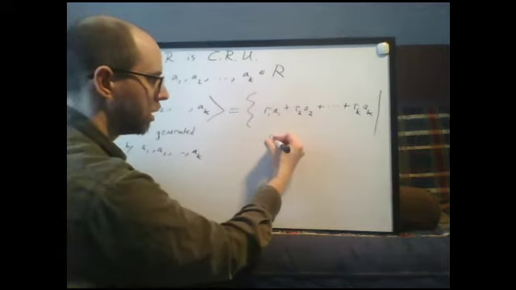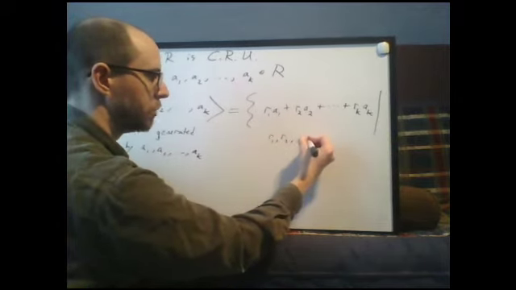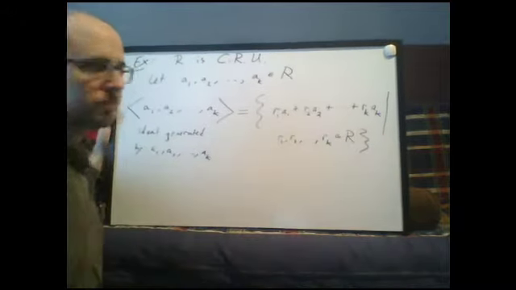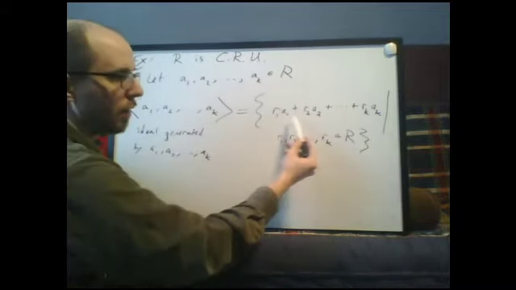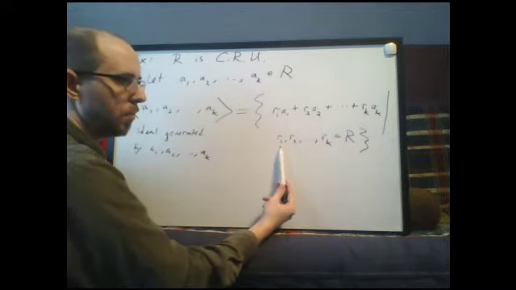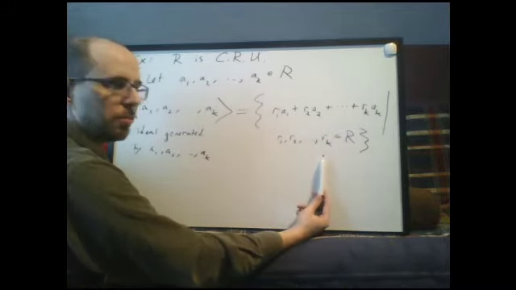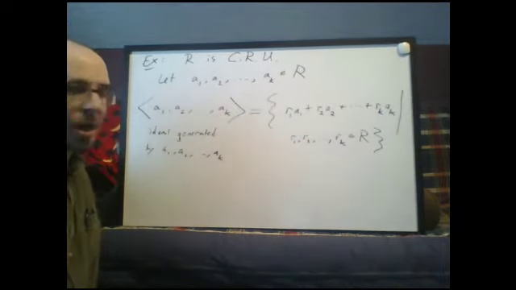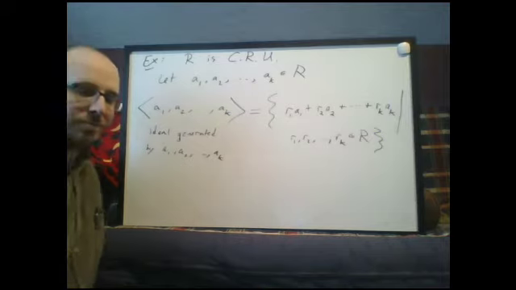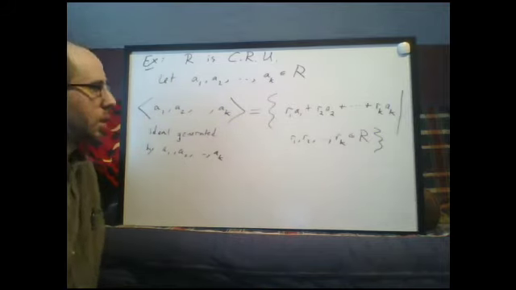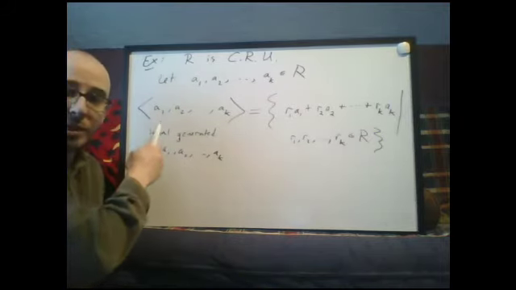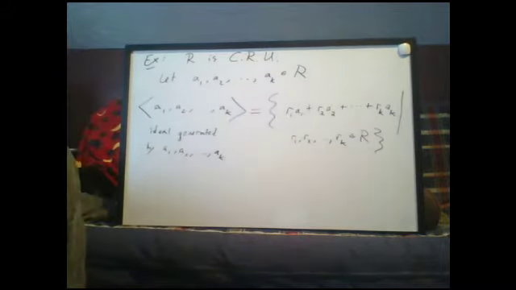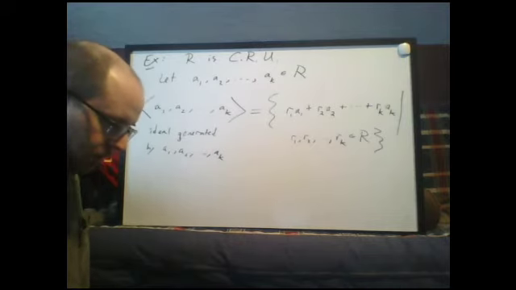So R1, R2, up through RK can be any elements of R. So that's the set of everything that can be written in this form by picking these elements from R. Right? So I'm not going to prove that this is an ideal. It'll be very similar to the proof for the case where there's just one of these A's. It's just more of a pain to write up because of all the subscripts. Okay.